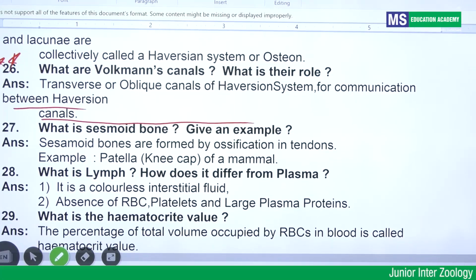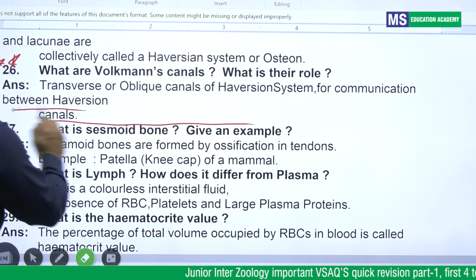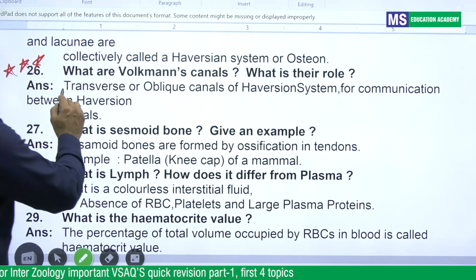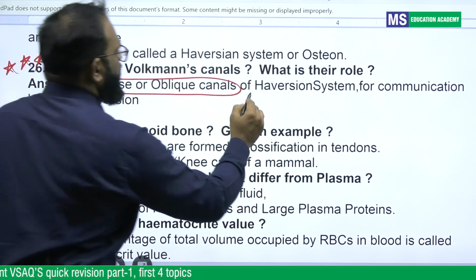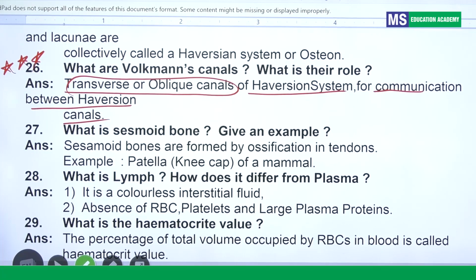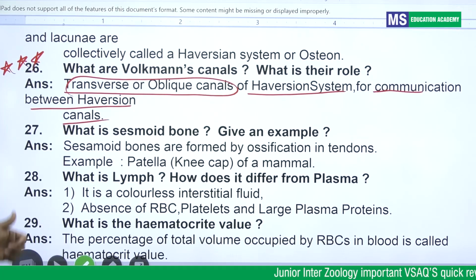What are Volkmann's canals? Another important triple star question. These are transverse or oblique canals of Haversian system for communication between Haversian canals. That is the function. These 2 points you have to write to get full marks.